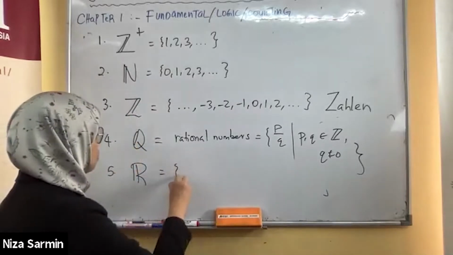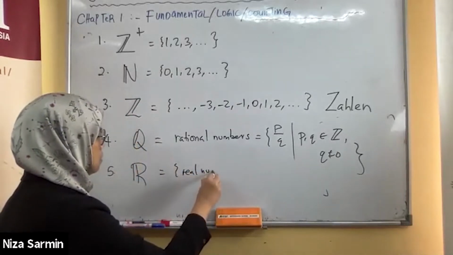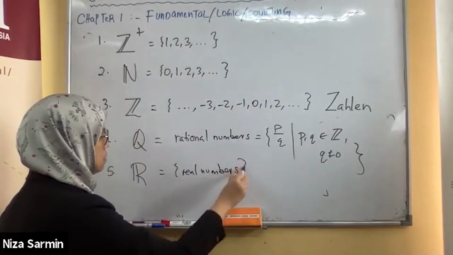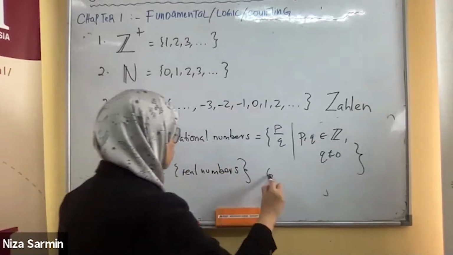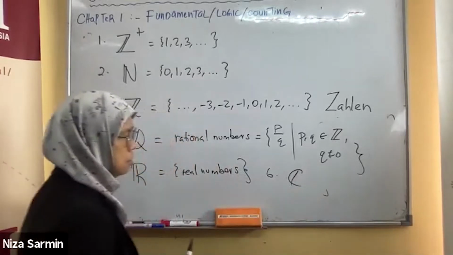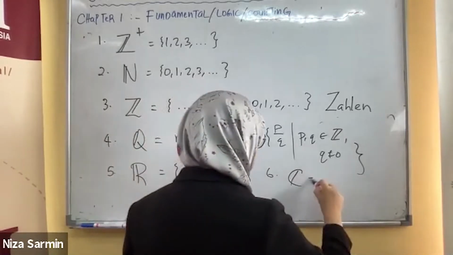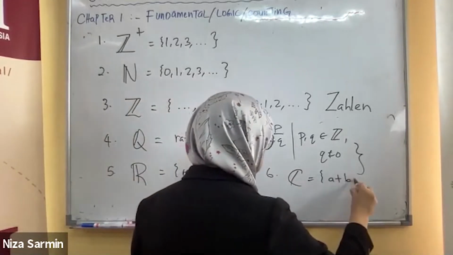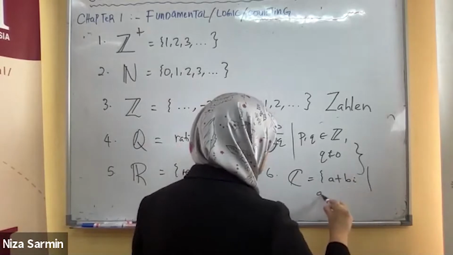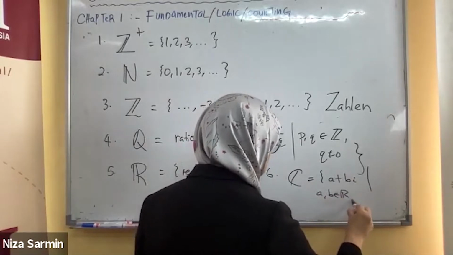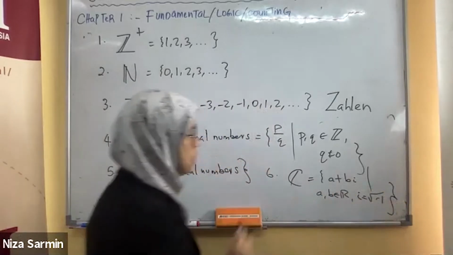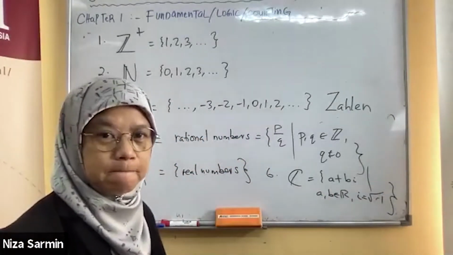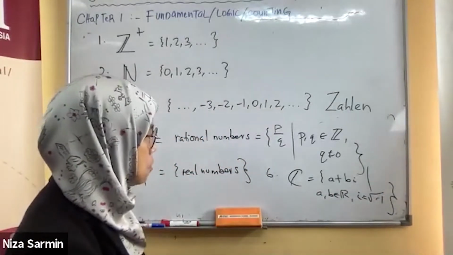And this is just all real numbers. And then we extend real numbers to be maybe complex numbers, right? And complex number is written as A plus BI, A, B real, I is imaginary number, right? So this is the complex.